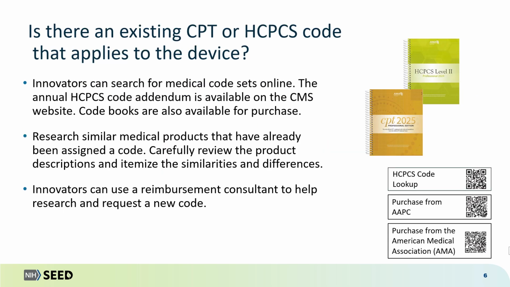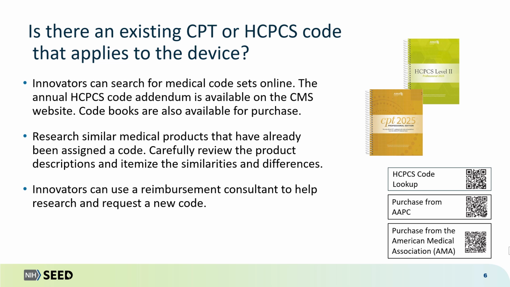So how will you know if there is a CPT code or HCPCS code that describes your product or device? You can start by looking online, by typing in descriptions of your product or service or device, and see if there is a CPT code or a HCPCS code that comes back to you, or a couple CPT codes or HCPCS codes that come back to you. The problem with this is that you may not receive a complete list.